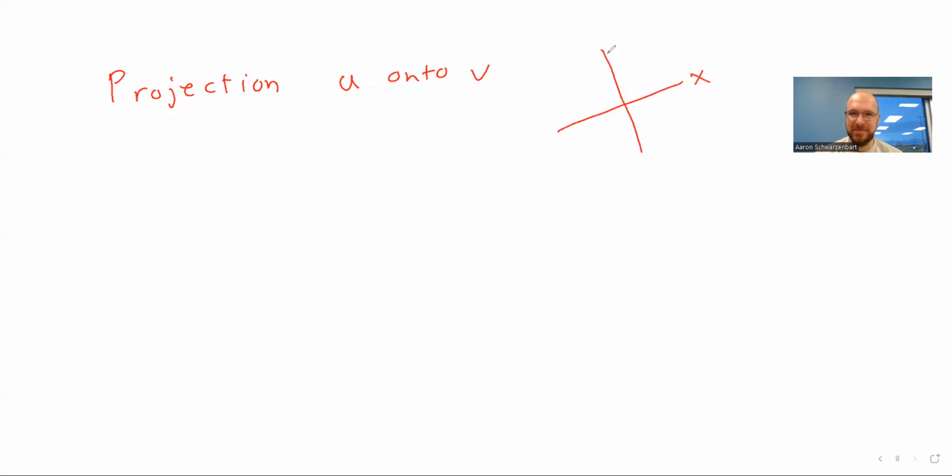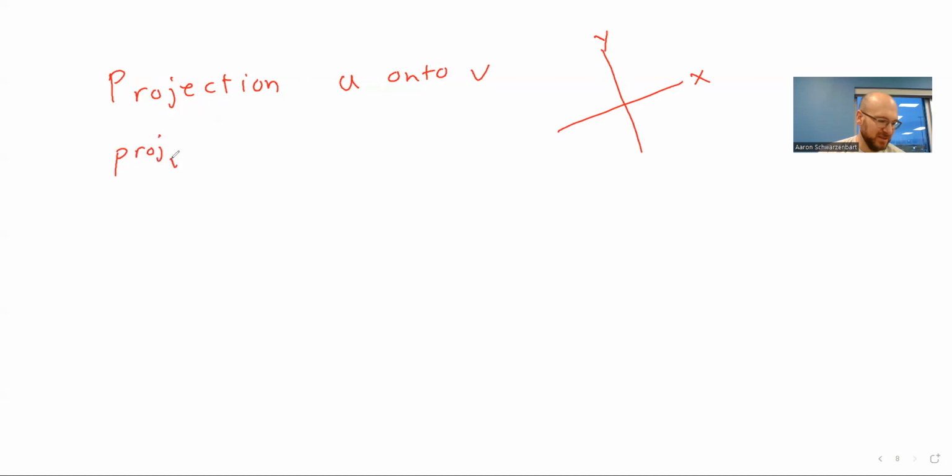So the projection of U onto V is about breaking into components based on the directions of another vector. I believe I showed you tilting axes, taking your X and Y and tilting them, in the last section. That's kind of the idea we're doing here.